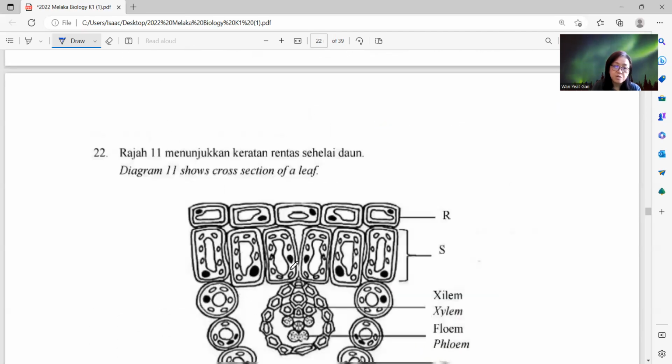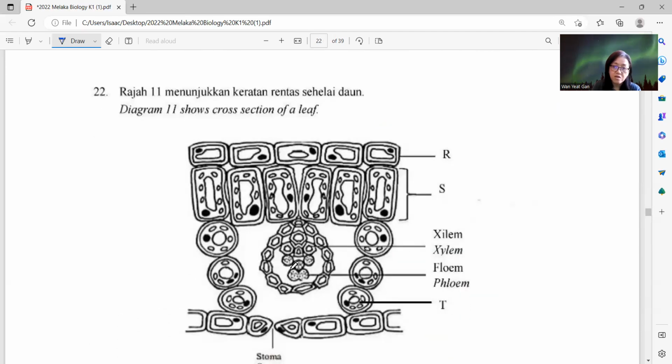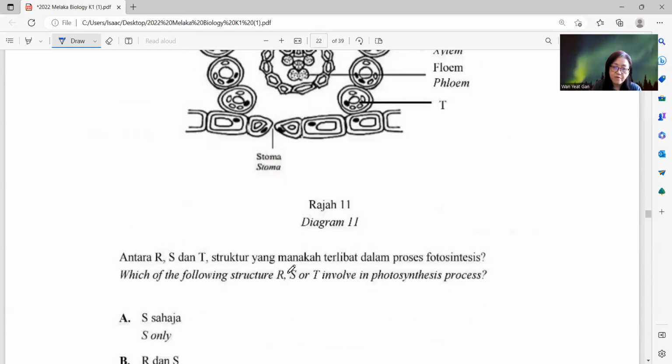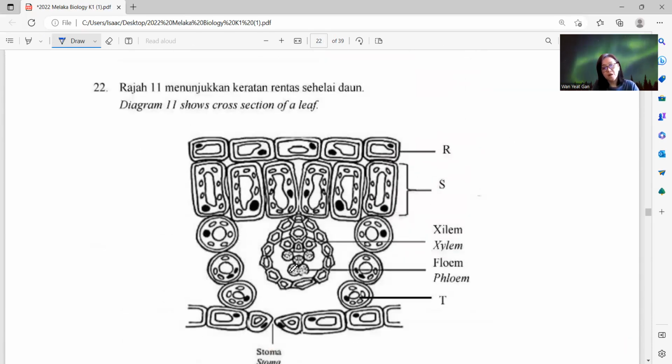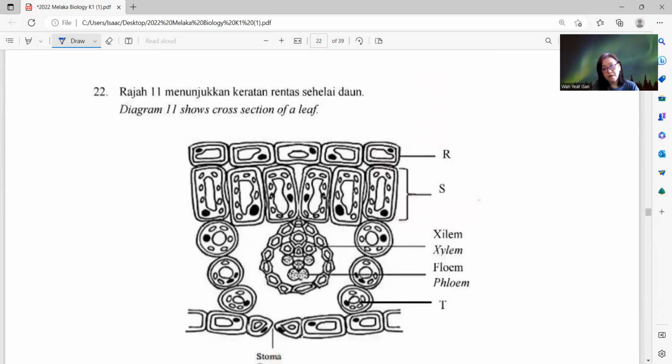Okay, 22. Diagram 11 shows a cross-section of a leaf. Which of the following structures R, S, T are involved in photosynthesis? Okay, so the epidermal cell doesn't have chloroplast. This one, mesophyll, yes, they have chloroplast.